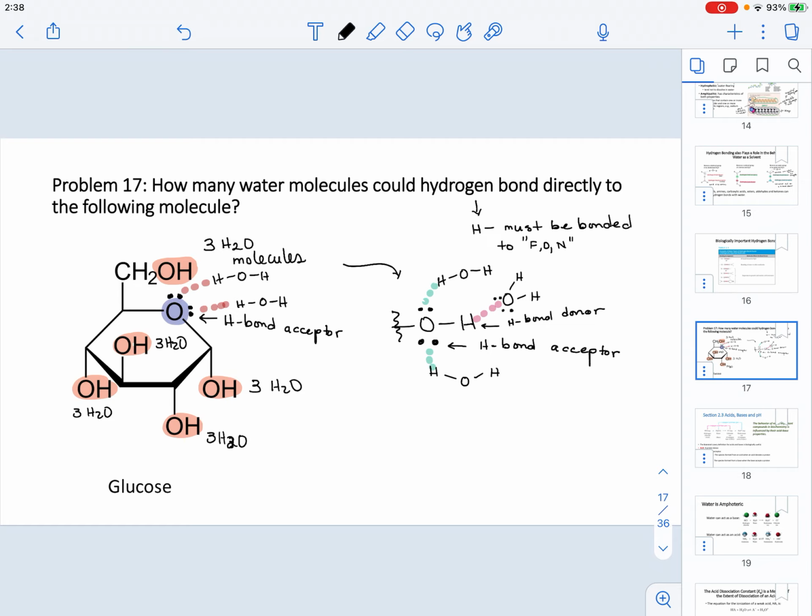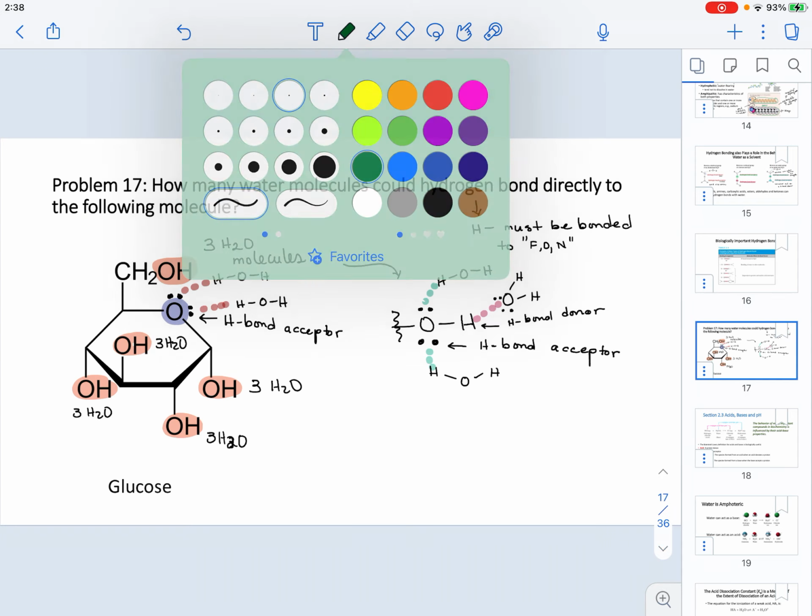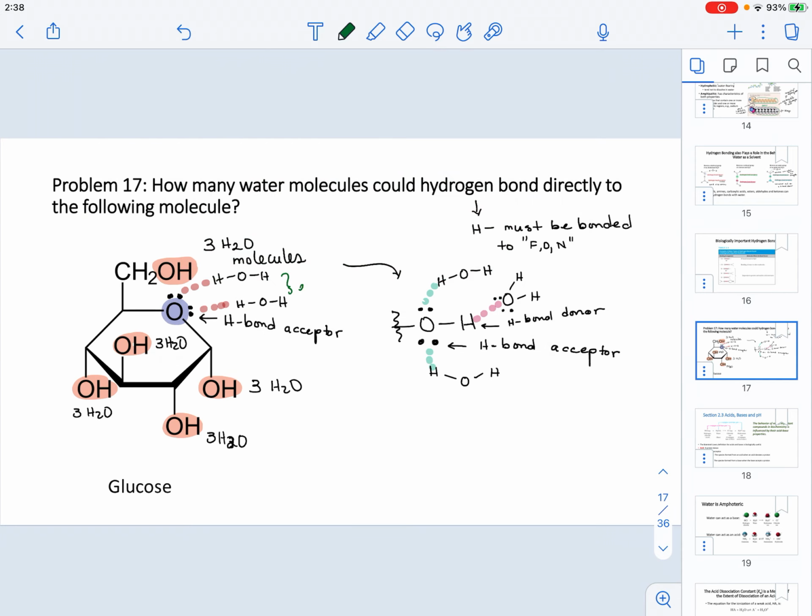Each lone pair is going to act as a hydrogen bond acceptor.